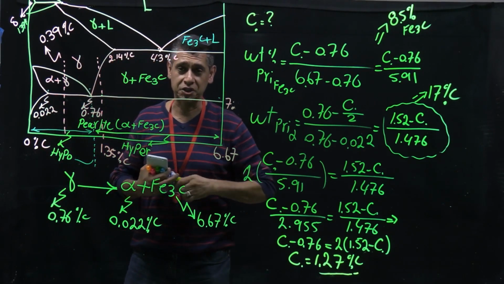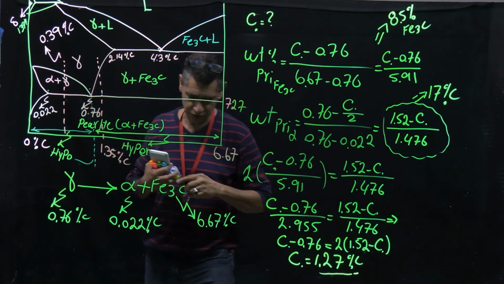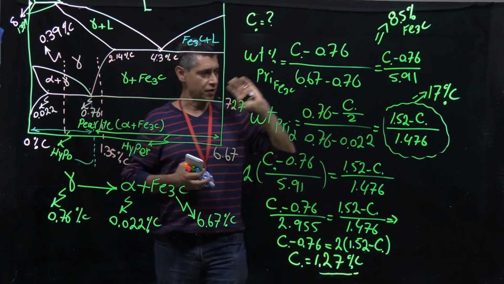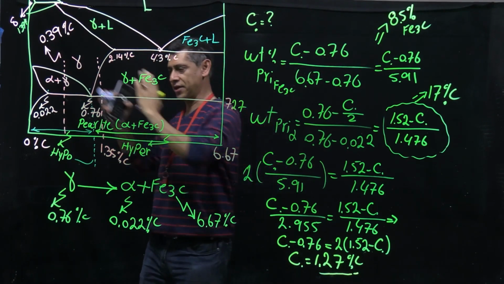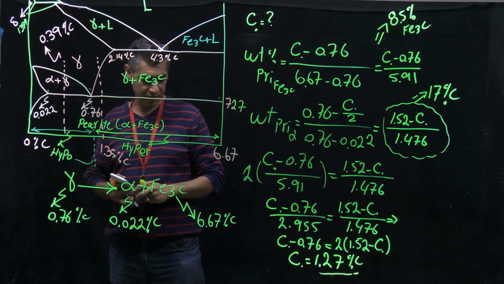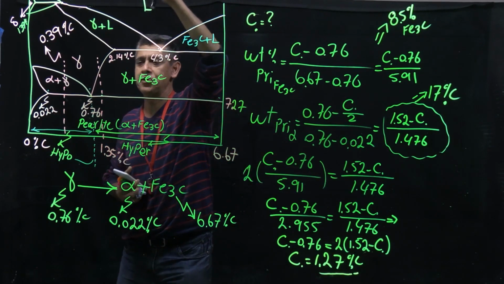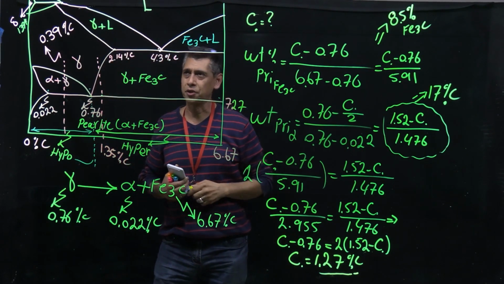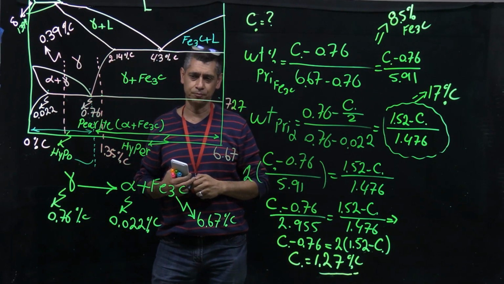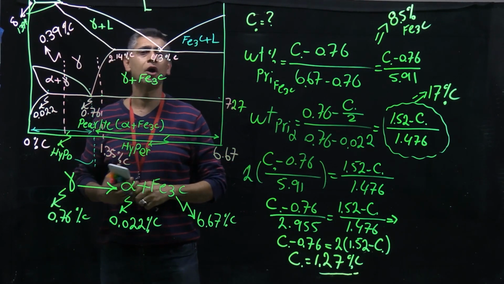As far as the temperature is concerned, if you add alloying elements, there are 2 categories. One category is the chromium family, one category is the nickel family. The nickel family actually causes the reduction of the eutectoid temperature. So it stabilizes or promotes austenite.